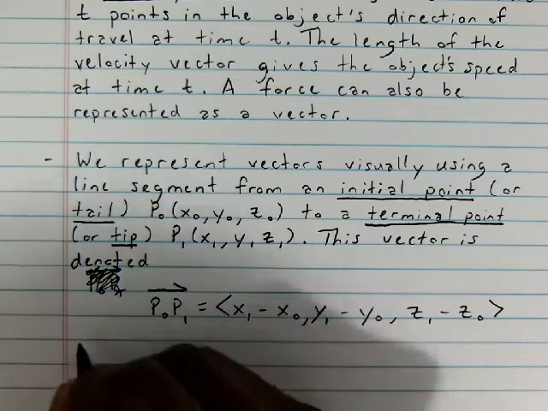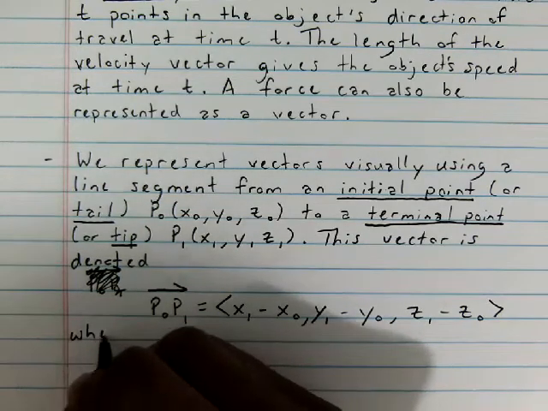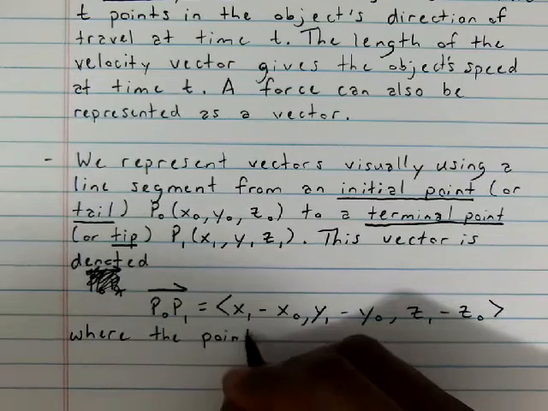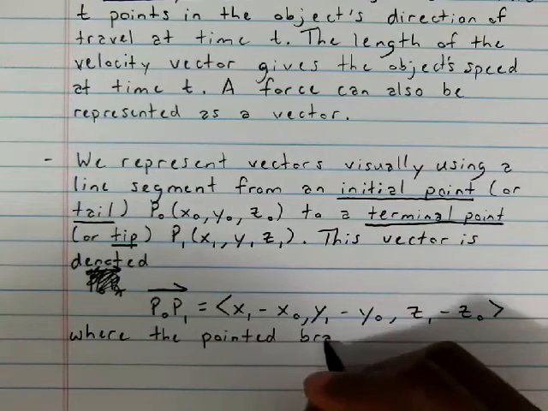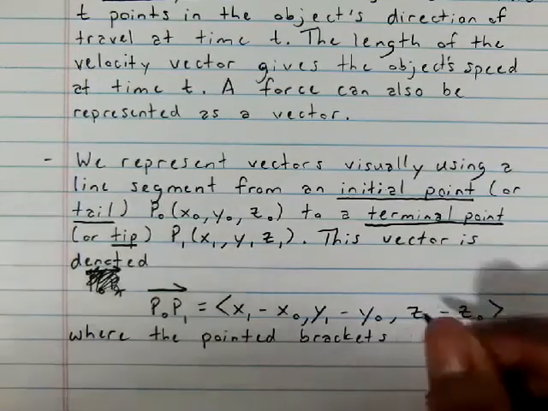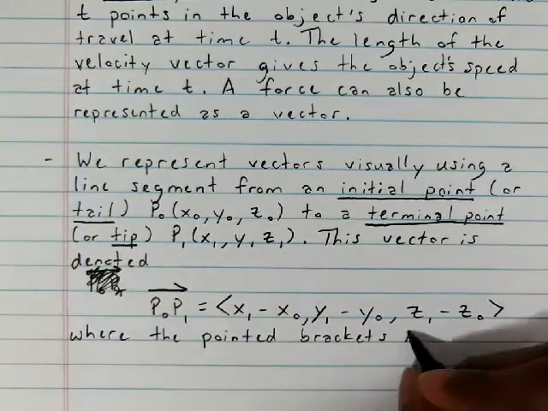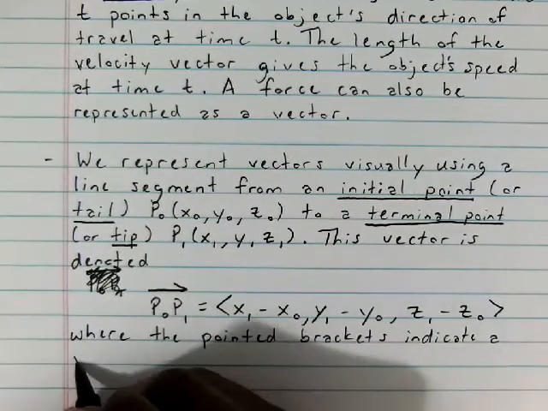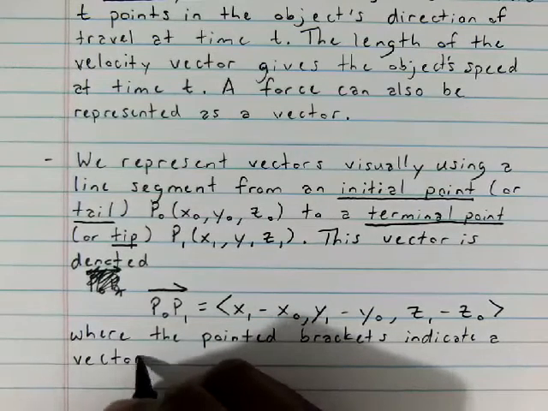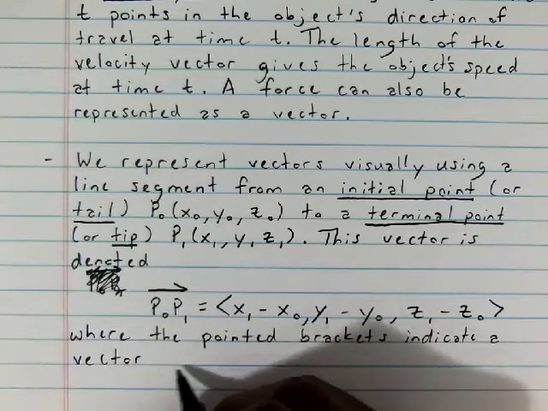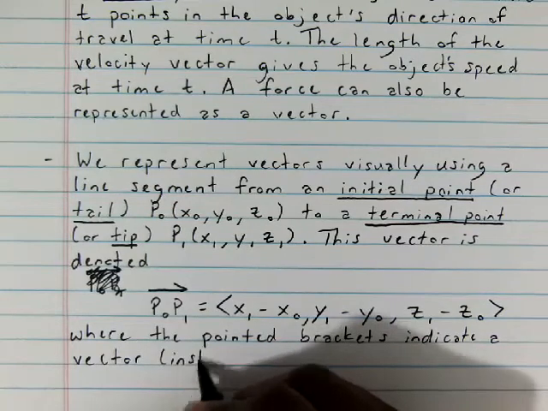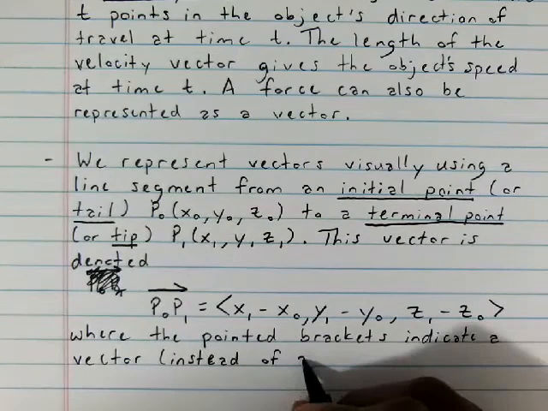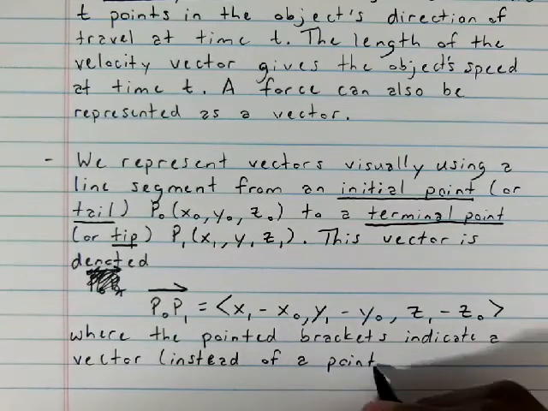Now the pointed brackets indicate a vector instead of a point.